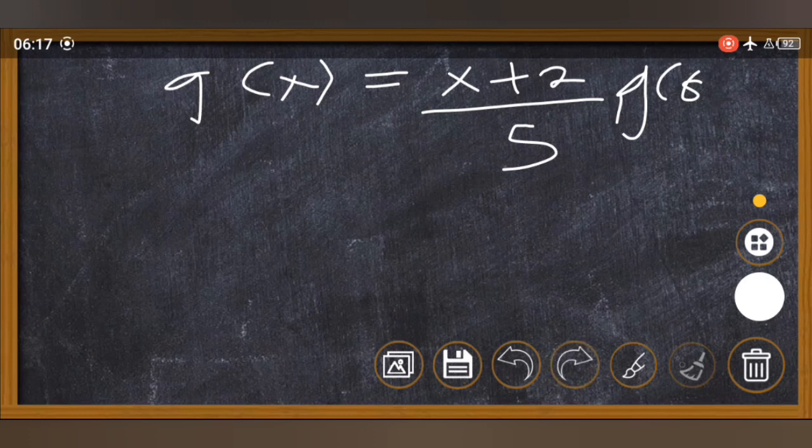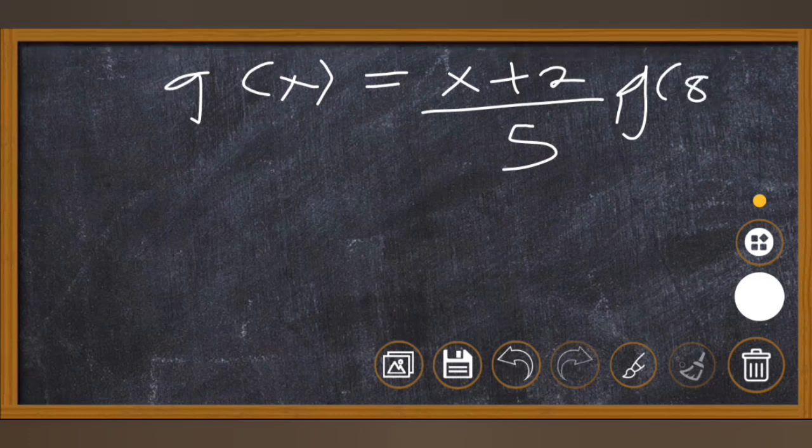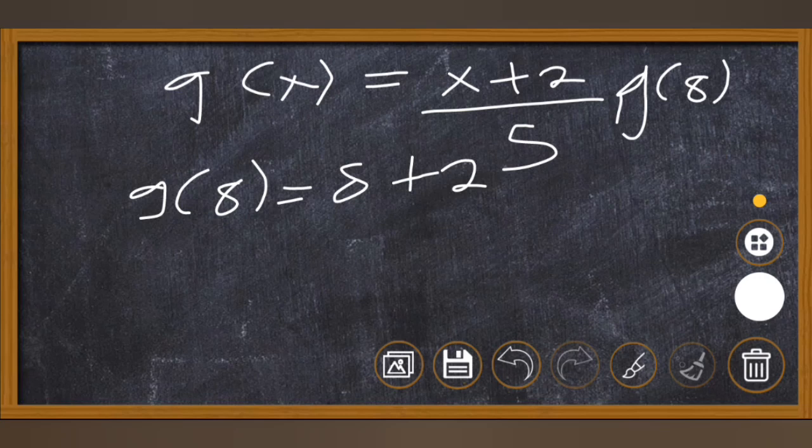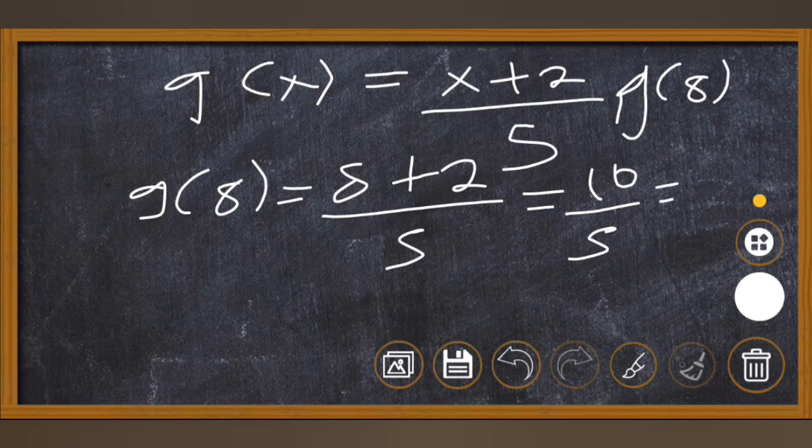In this expression, it means that where there is x, you simply have to replace it with 8. So we're going to have g of 8 equals, where there is x, we add 8 plus 2 over 5. Then 8 plus 2, we know, is 10 over 5, then 10 divided by 5 is simply 2. So this is how we replace the given elements of the functions.